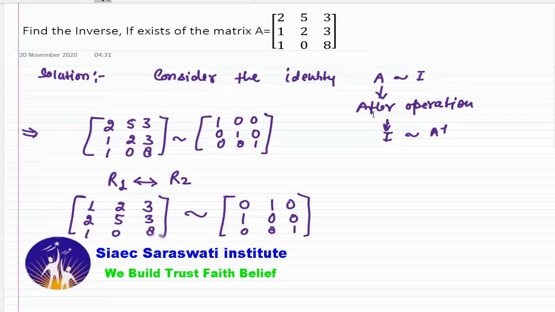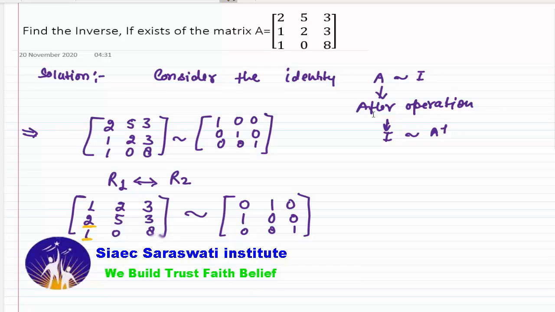Okay, then what we have to do is make the zeros here. So where do we have to make zeros? We have to make zeros in place of 2 and in place of 1.